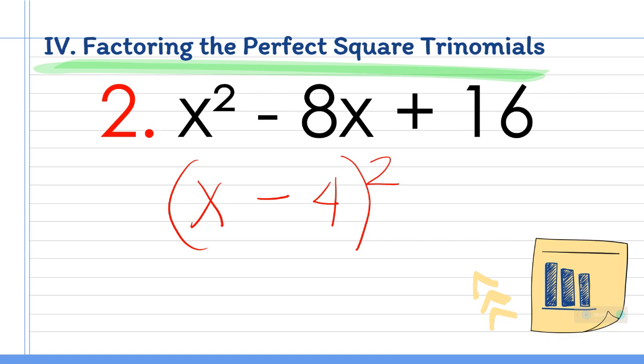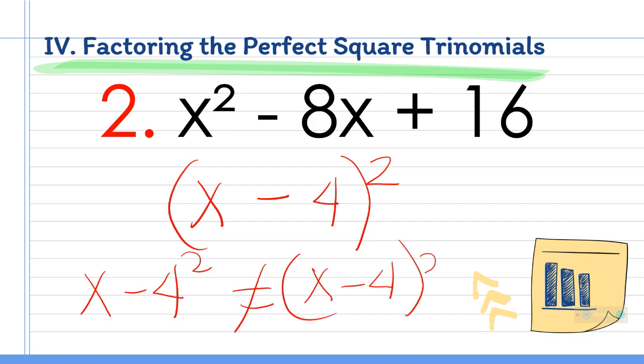For additional info, you are going to read this as x minus 4 in quantity raised to the second power, because if you read this as x minus 4 square, they are different. x minus 4 square is not equal to x minus 4 in quantity square.